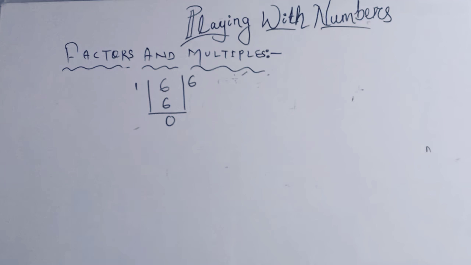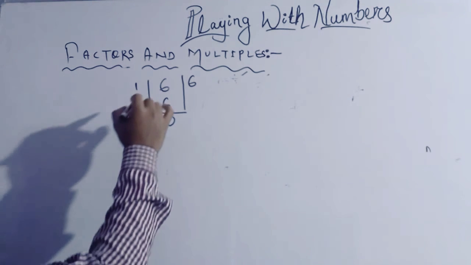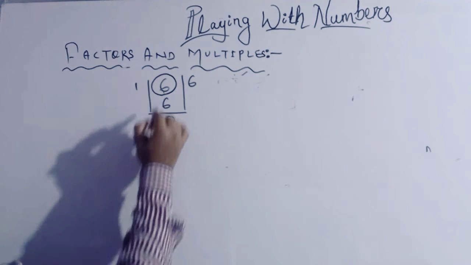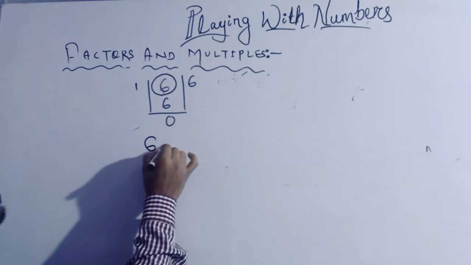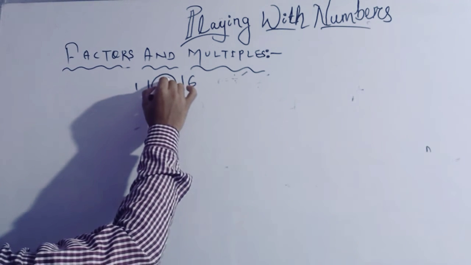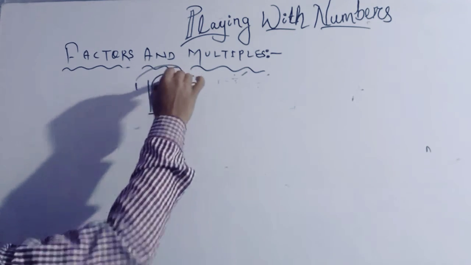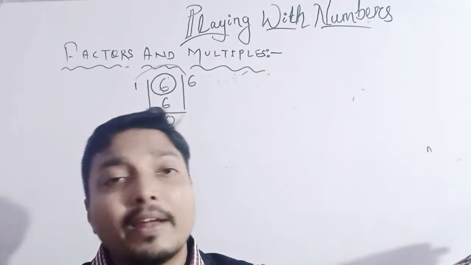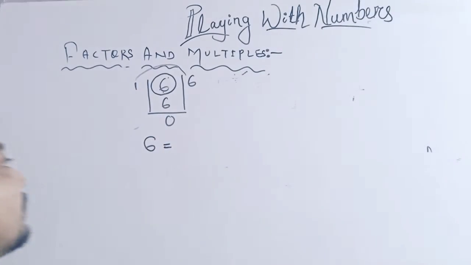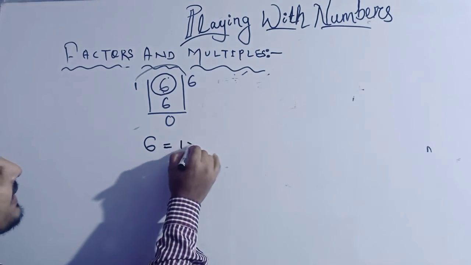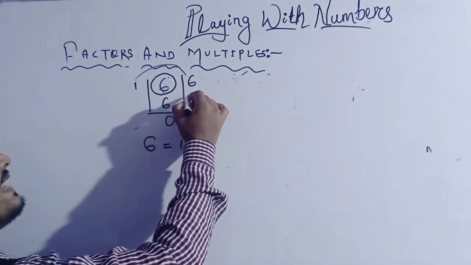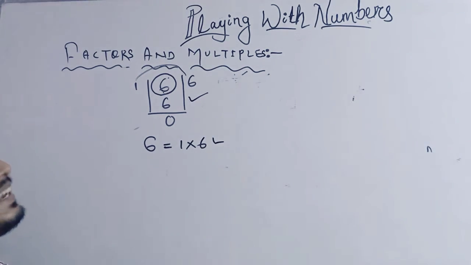This is the division. Writing a division is the same as writing its multiplication facts. The middle number is the product of the left side and right side numbers, whenever the remainder is 0. So 6 is equal to 1 into 6.